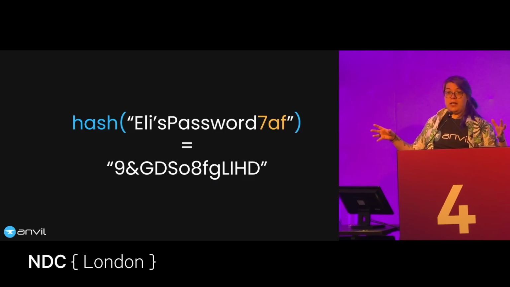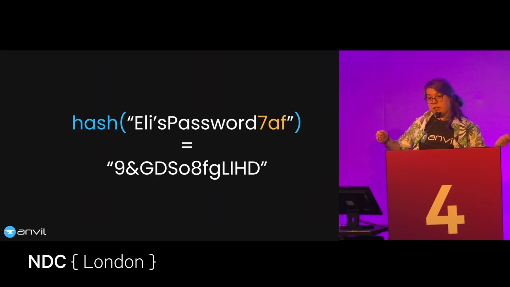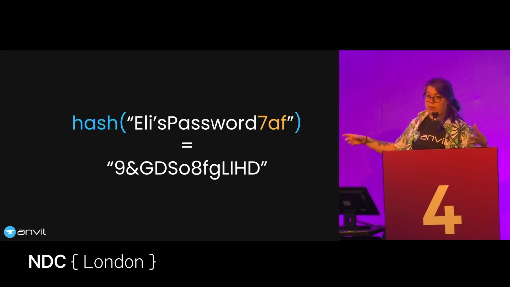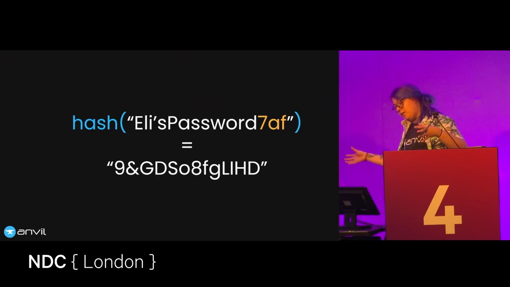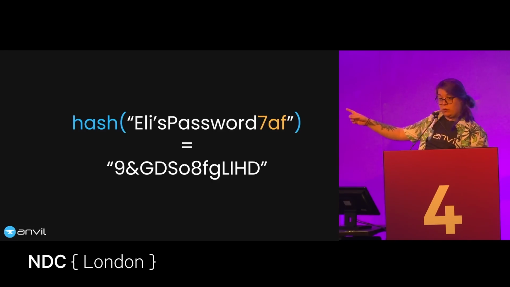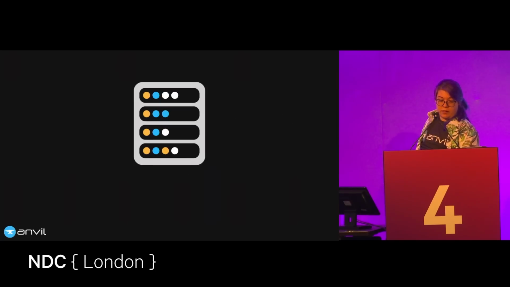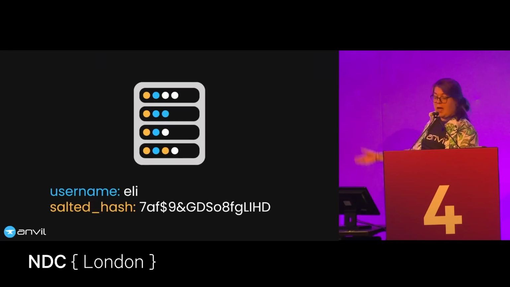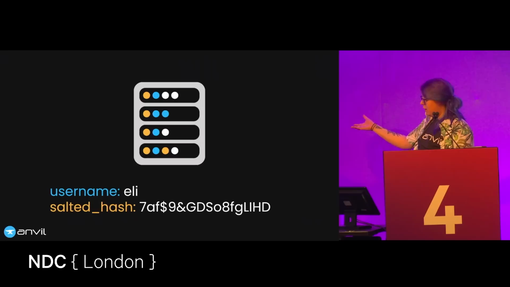If you know the hash function, the salt prevents an attacker from just brute forcing lots of passwords using the hash function. It all gets a little bit involved. But basically, what it means is that the server doesn't have to store the password. It can store this inscrutable string of characters. So instead, you store my username and the salted hash of my password.